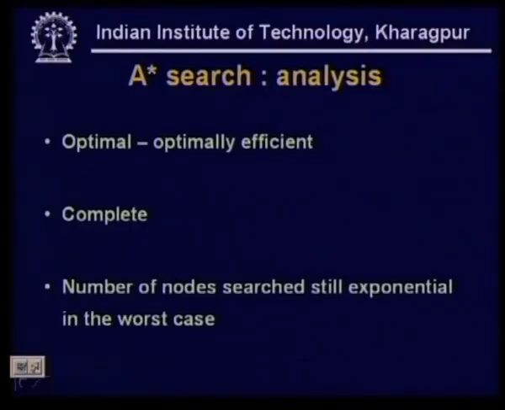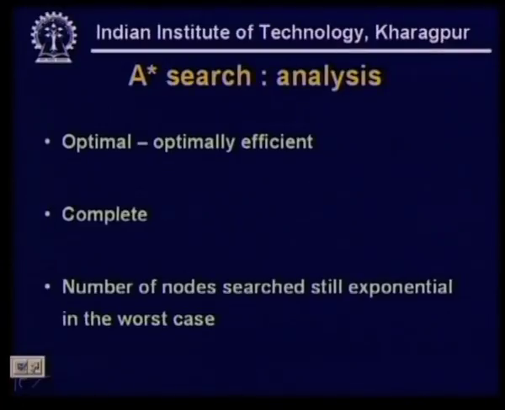We have also seen that among all algorithms that use the same heuristic function h(n), A star is an optimally efficient algorithm. A star is also complete, that is, it finds a path if one exists, and we will also discuss today that the number of nodes searched by A star is exponential in the worst case.